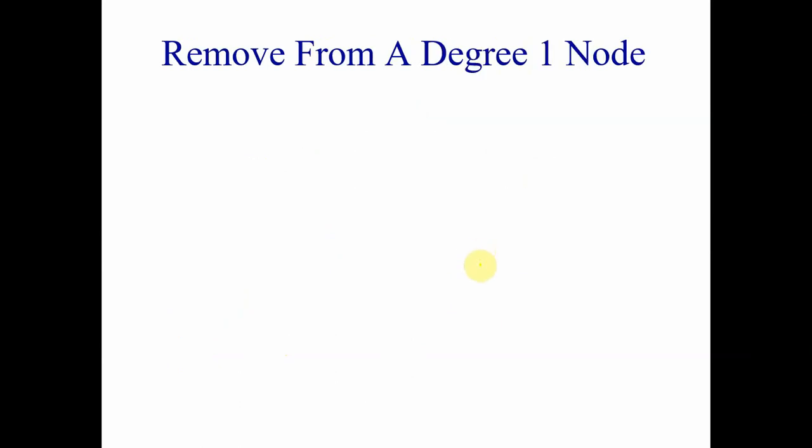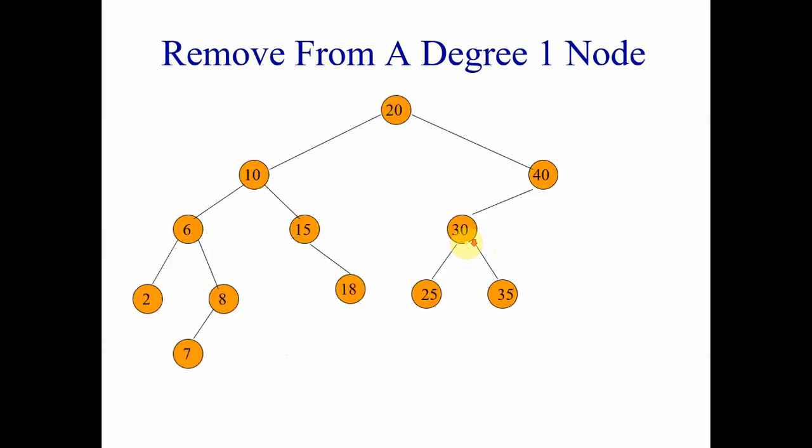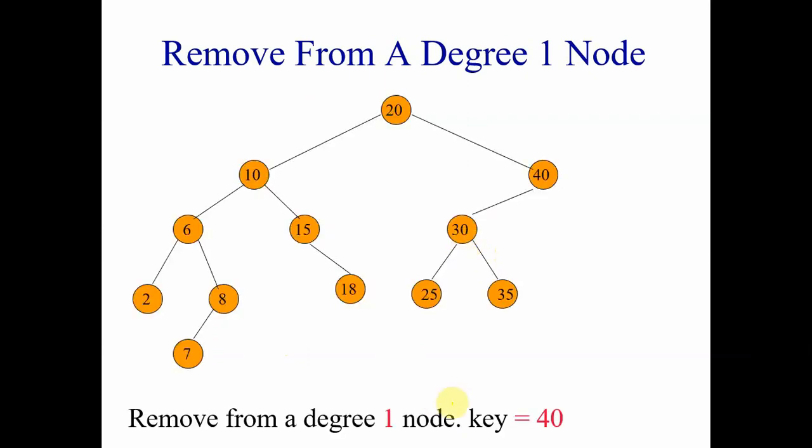So how about if you remove a node with degree 1? Let's see. For example, we would like to remove the node with key 40. You can imagine that we're breaking this link and then reconstructing the new link.